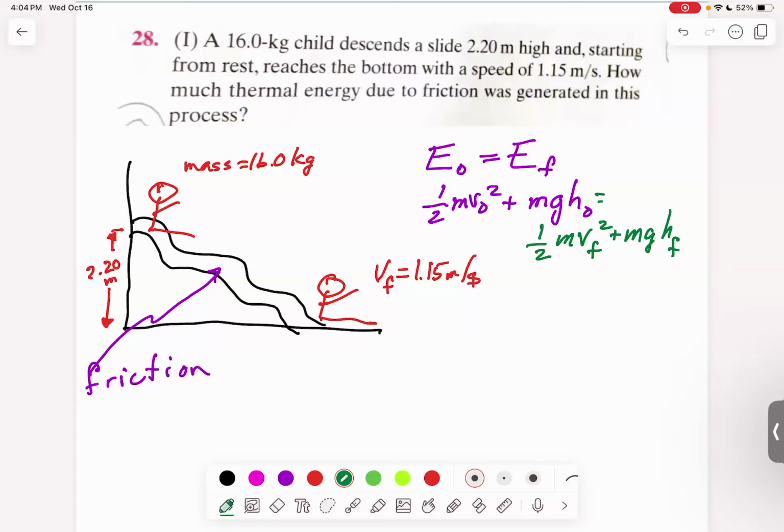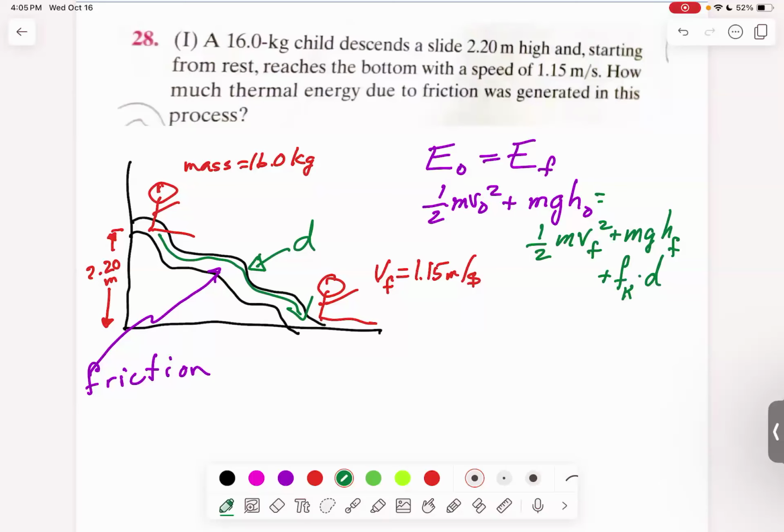So on the right side of this equation, we're going to need to also factor in the force of friction, in this case kinetic friction, multiplied by the length in which he or she went. So in this case, this distance right here would be d.